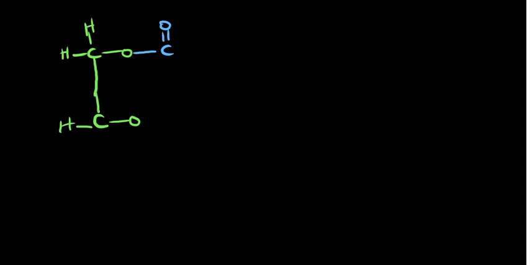So we have the tail with 17 carbons. Then how many hydrogens? 17, so we have 34 hydrogens.